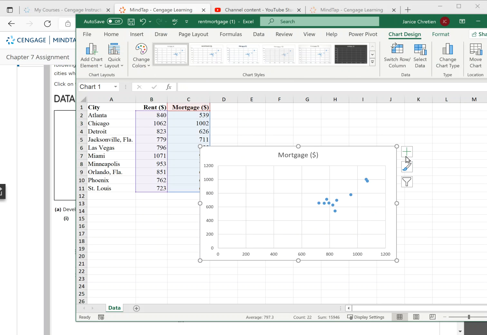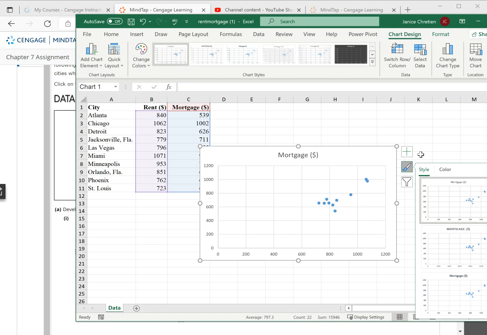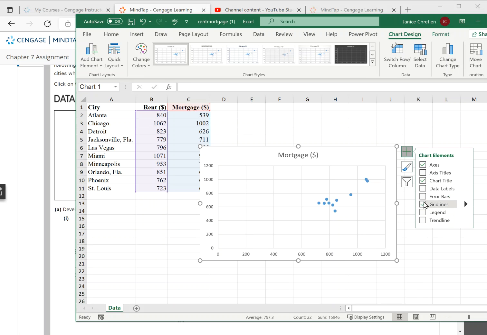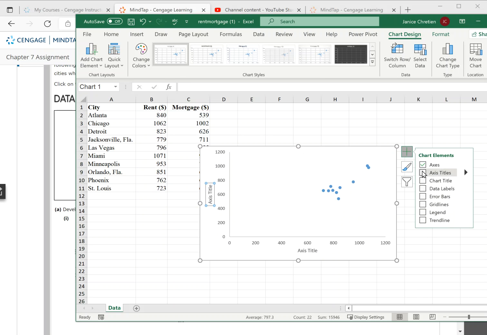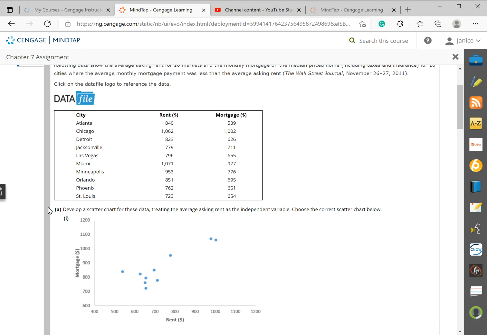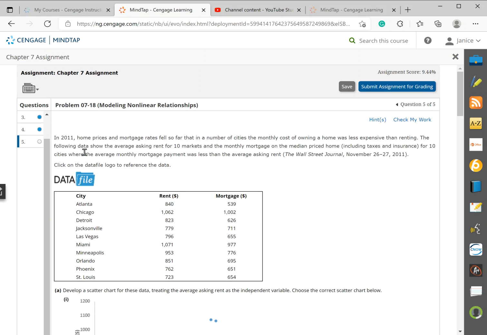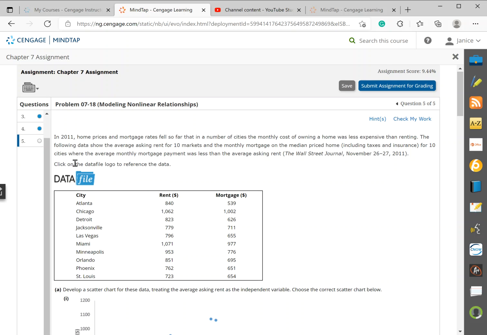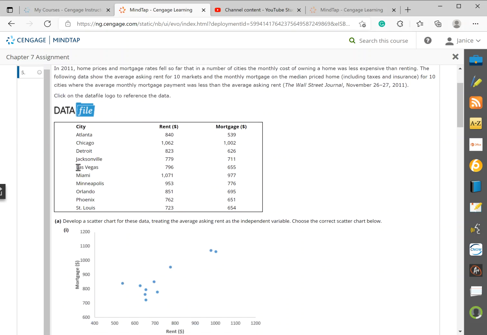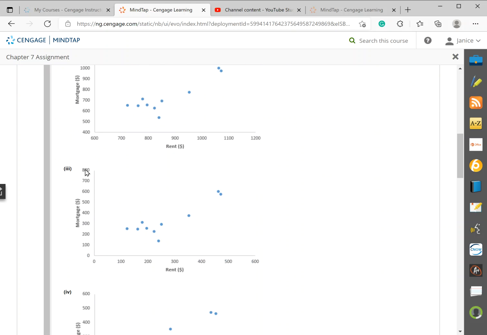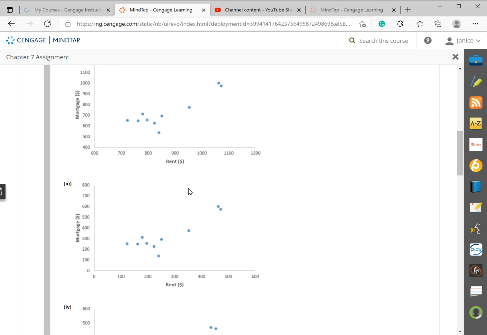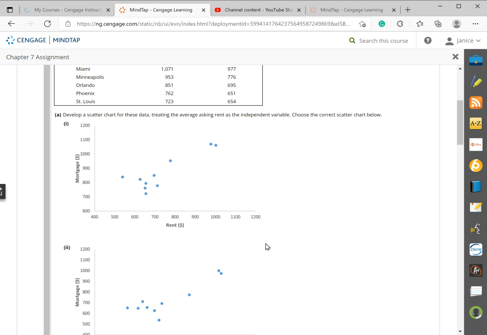And we need to determine which scatter plot here looks most like ours, and we need to make sure we know okay, they're all the same on mortgage and rent, so we know we're good there.